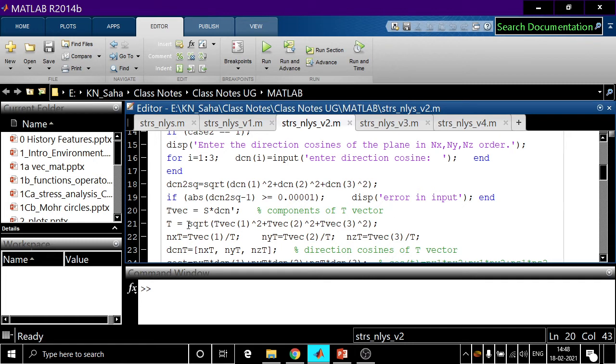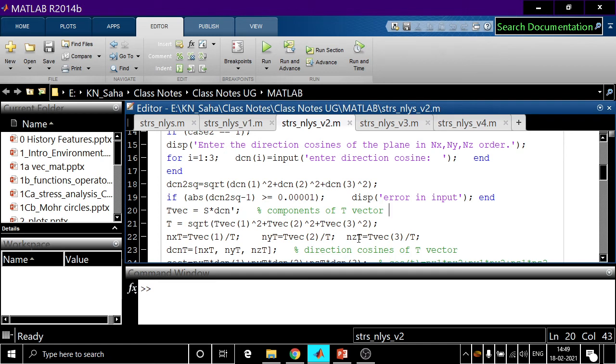Now you see, what is the direction cosine of this T? If we divide the component of T vector along xyz by this T, we'll get the direction cosines of this T along x, y and z. So they are indicated as nxt, nyt and nzt.